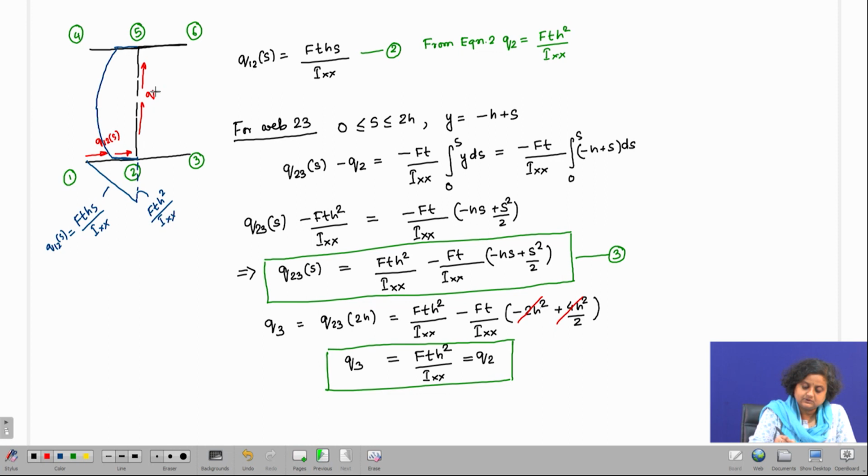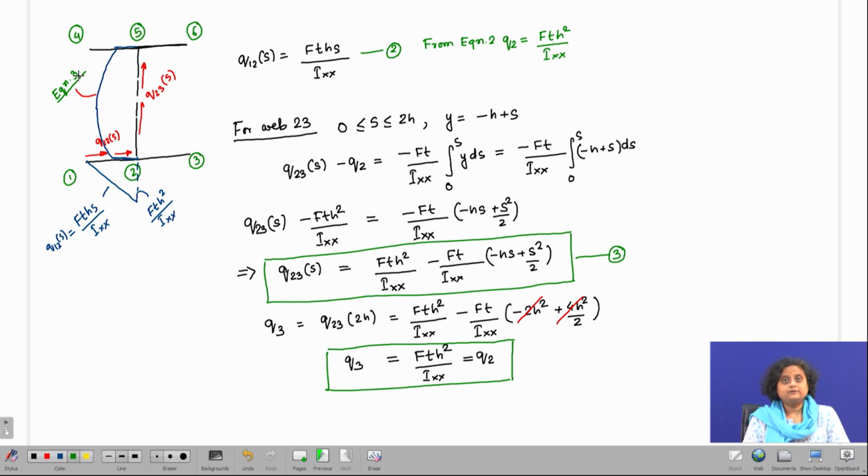So, this is Q23S, and this is given by equation 3. This is how we can find out the distribution of shear flow. This is symmetric, though I have not drawn symmetry, it is symmetric about the x axis. So, this is how we can obtain the shear flow distribution in web 2-3.